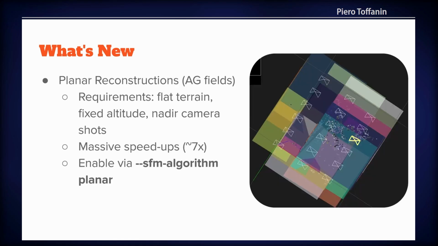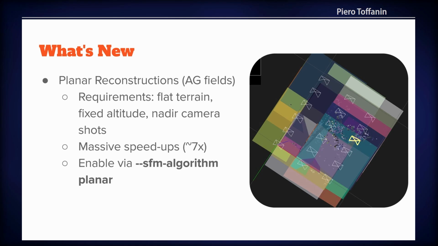Another big thing that we've added on the topic of speeding things up is planar reconstructions. If you have a data set that has been captured on flat terrain, for example, anybody that does surveying in agriculture, this is typically the case. And you've flown your drone at a fixed altitude, which is also frequently the case.